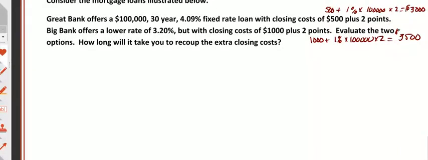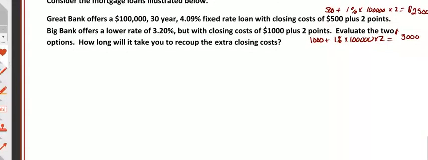So there's the difference in our closing costs. So we want to analyze these two situations and see how long it would take us to recoup the extra closing costs, and which one would be better for your situation.